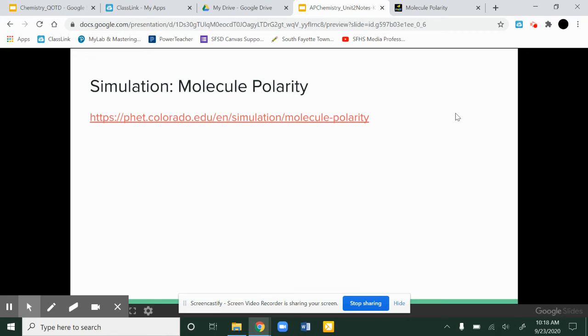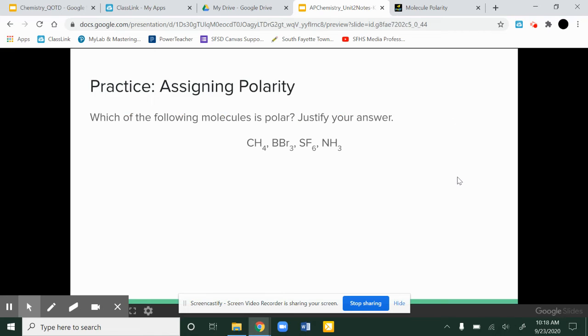I would recommend approaching that simulation on your own time and just looking at the geometries of molecules and seeing how that affects the overall polarity. Let's try this practice problem, and let's see if we can assign polarity based on Lewis structures. Take a moment, pause the video, try these, and we'll talk about the answers.